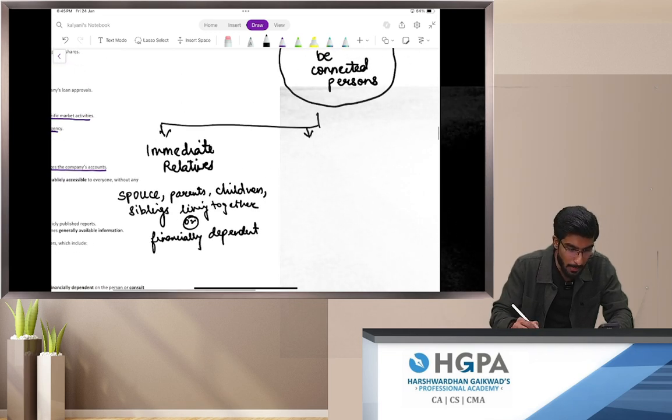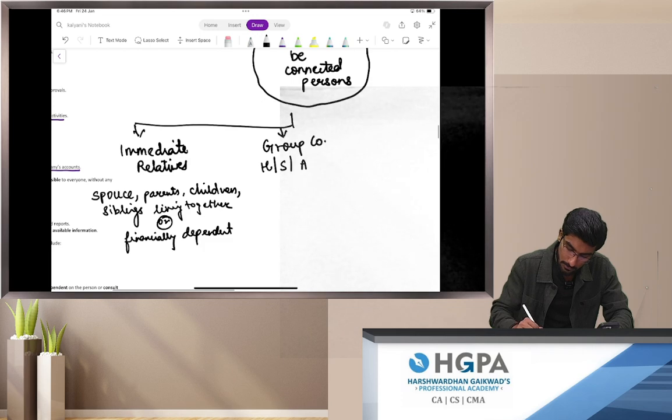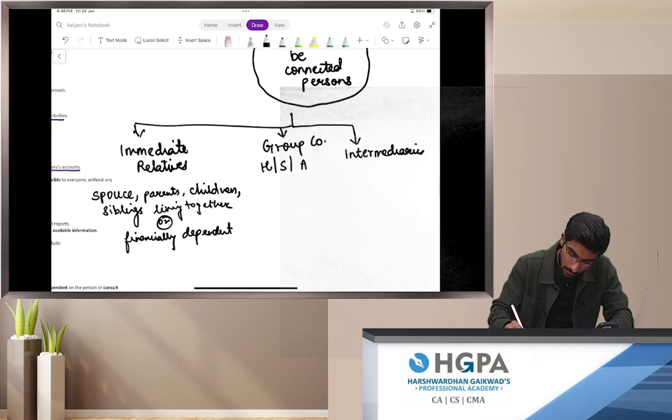Next is group companies. Group companies will include holding, subsidiary, associate company. Next is intermediaries or employees.